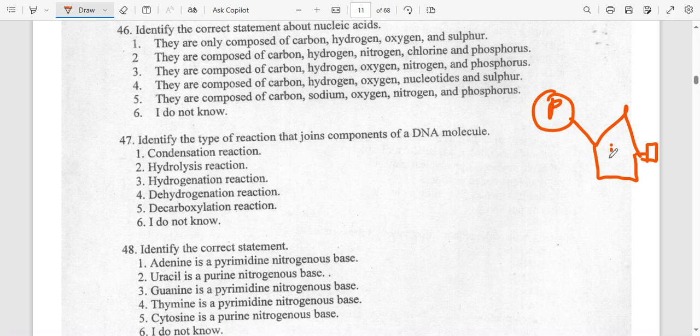The sugar only contains carbon, hydrogen, and oxygen. The base contains nitrogen. And then we have got phosphorus here. So this one can't be true because of the phosphorus. This one because of the chlorine. This one is true, nitrogen and phosphorus.